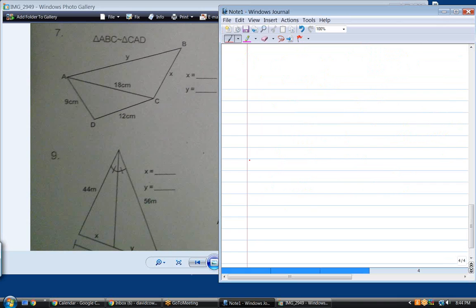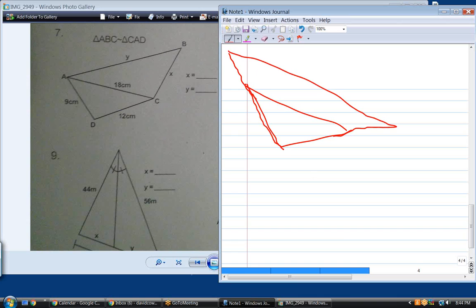In other words, the secret here is to draw that triangle separately, and then take this triangle and put it on top of that one in the same orientation. And I know it's like this because I know this angle has to be this angle.